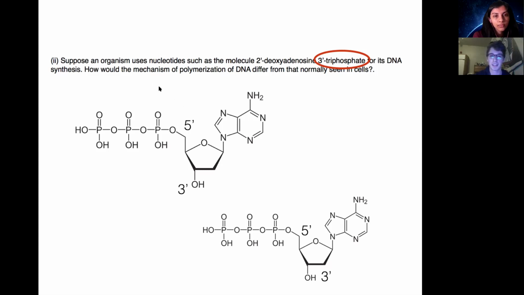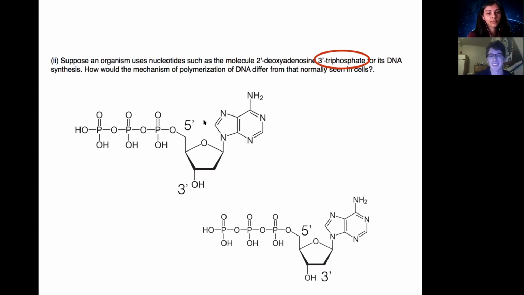So yeah, it wouldn't attack itself. There would be an OH group on carbon 5 now because it's a 3' triphosphate. So if you just imagine this 5' triphosphate detaches, and it's now where the 3' hydroxyl is. Does that make sense?